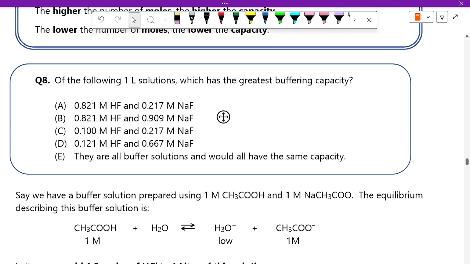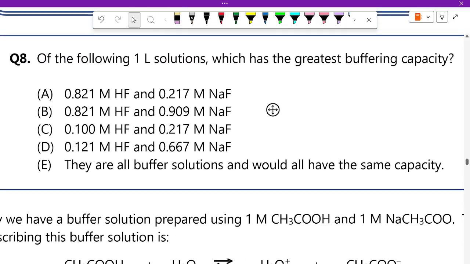Of the following solutions, which has the greatest buffering capacity? Tell your partner which one you like.